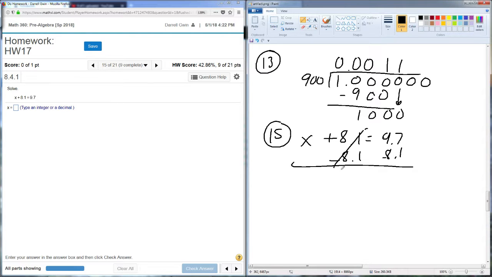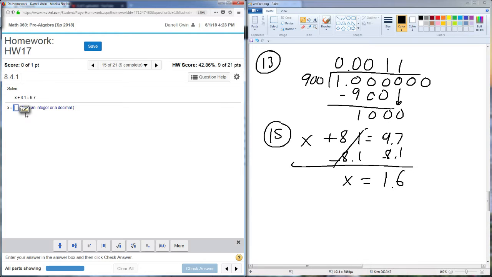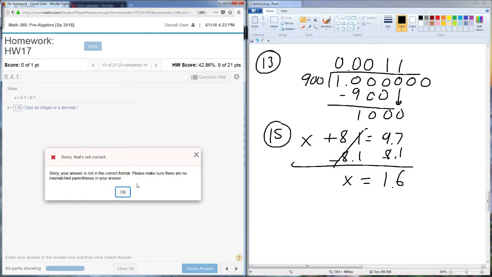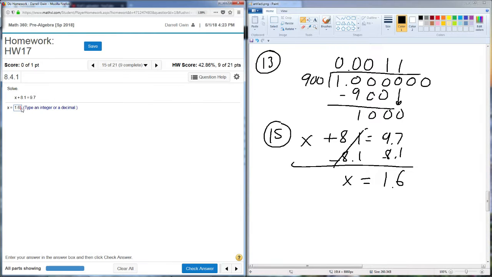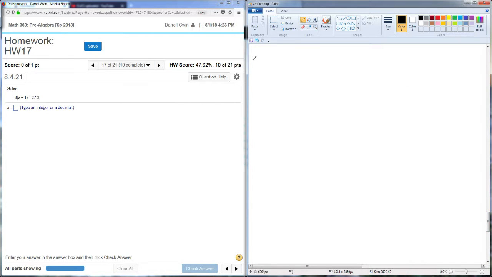As you do more math problems, you'll figure out when it's the right time to remove decimals and when it's the right time to not. 1.6. Oops. You don't like my brackets? I can't believe it. The bracket was right next to the enter key. Hit enter and the bracket at the same time.